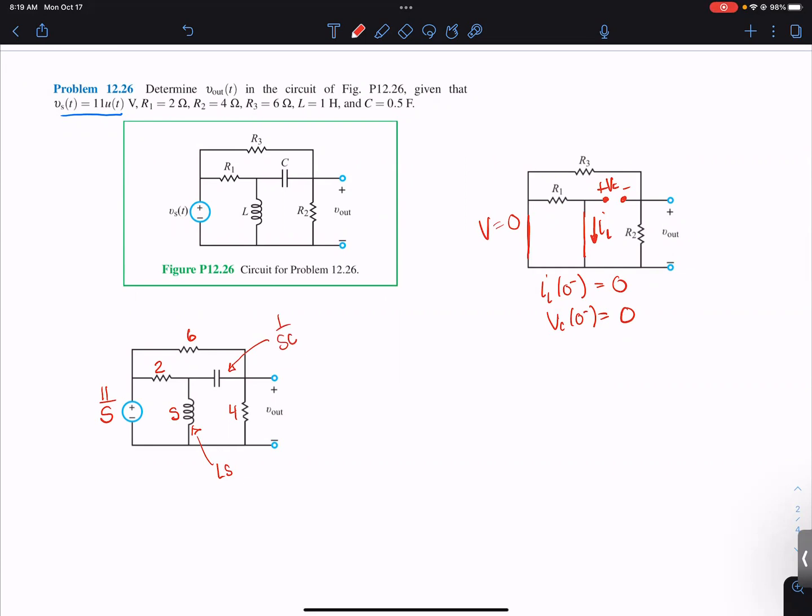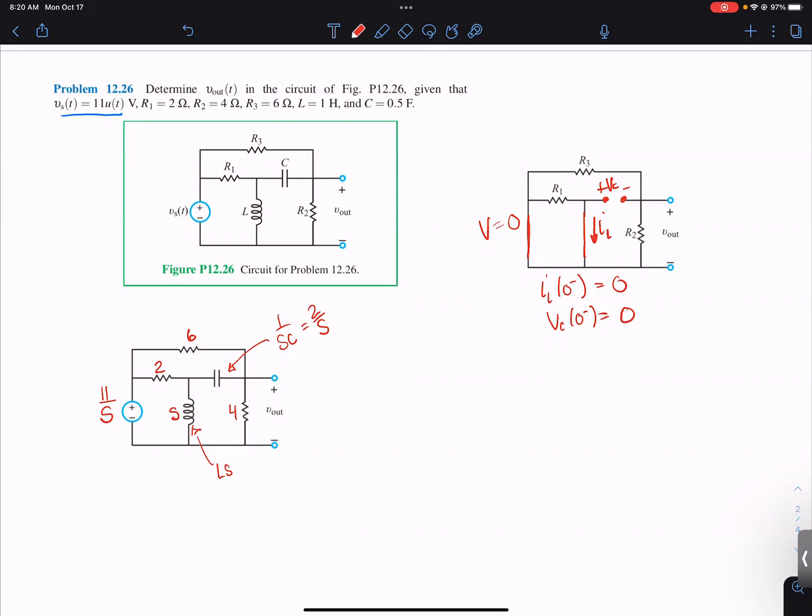And C in this case is 0.5. I think that's 2, right? Let's see. Yeah, 2 over S. So you can write that as 1 over 0.5 S, or you can write 1 over 0.5 is 2, so you can write it 2 over S, either way.